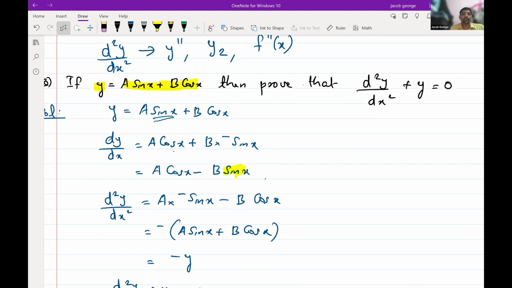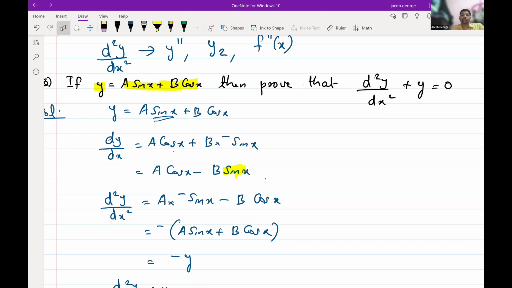For example, this question, y is a sin x plus b cos x. dy by dx is a into derivative of sin x, which is cos x, plus b into derivative of cos x, which is minus sin x. That is a cos x minus b sin x. Then second derivative d square y by dx square is a into minus sin x minus b into cos x.